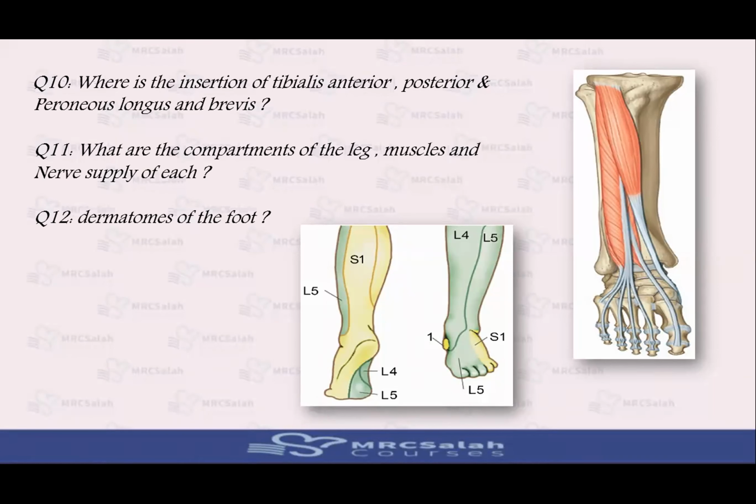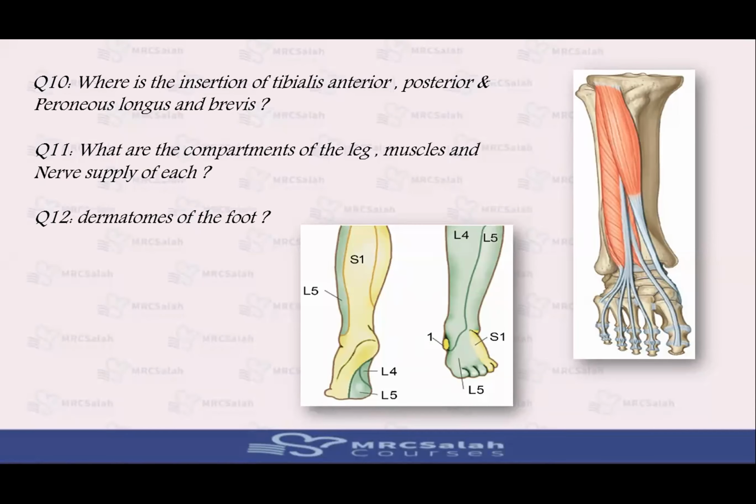I'm not sure. Okay. Lateral is S1, okay. So medial is L4 and L5, and lateral is S1.